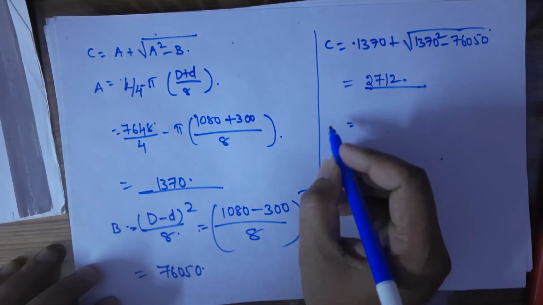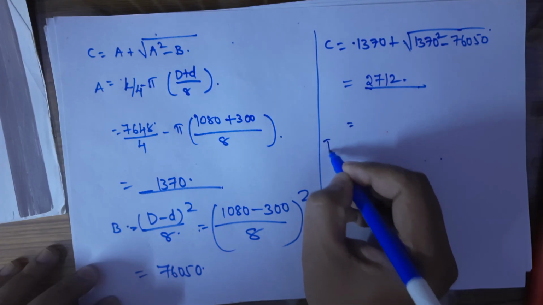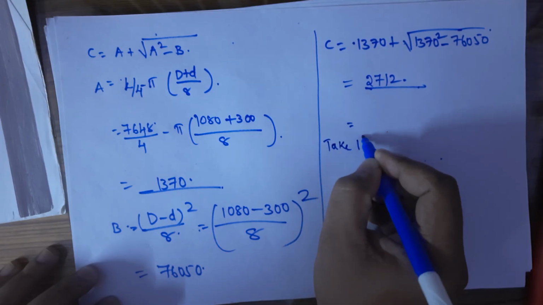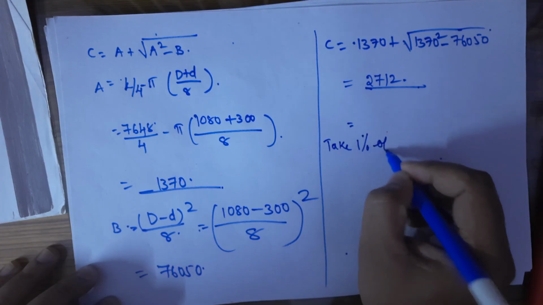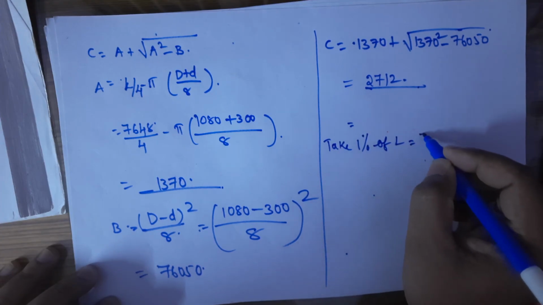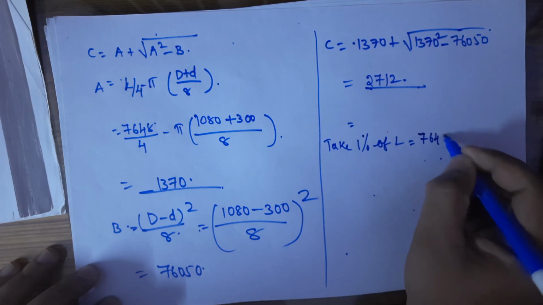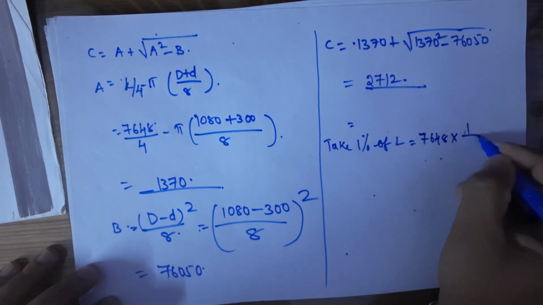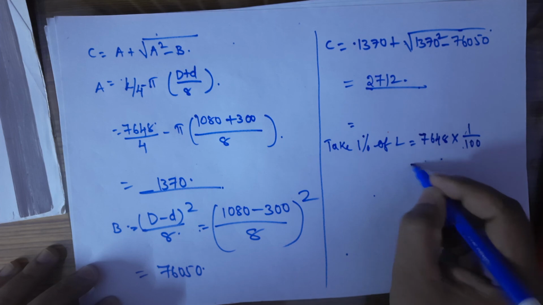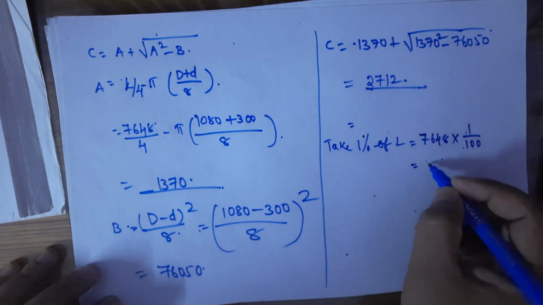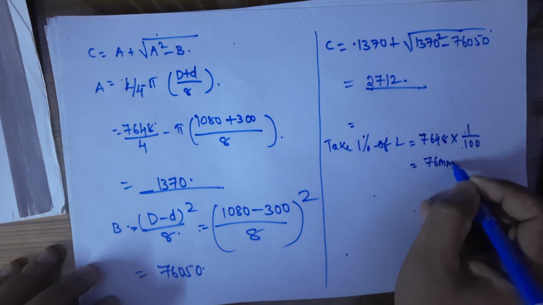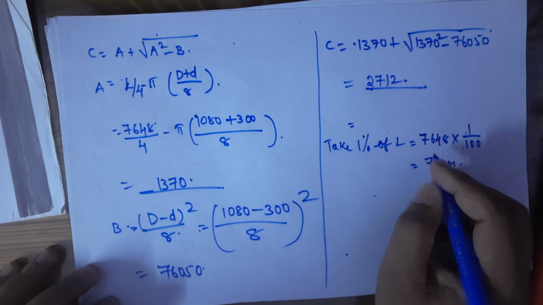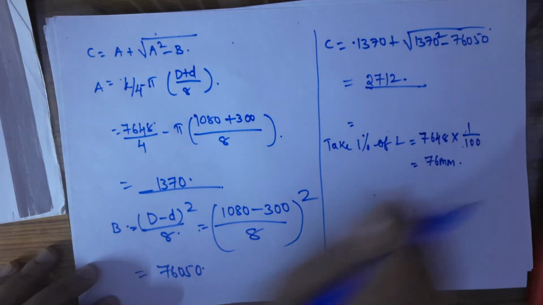So take 1% of length. So what is the standard that we have taken? 7648 into 1 by 100. So I have got an answer of 76 mm. So that we need to add for the final center distance.